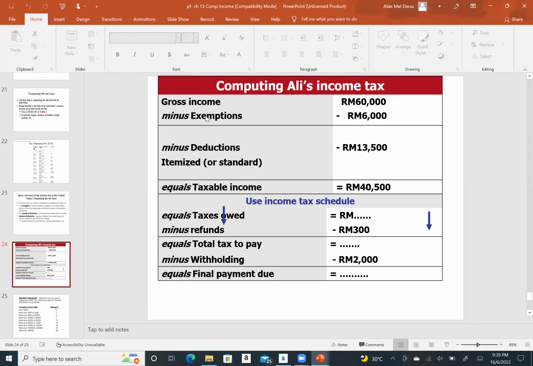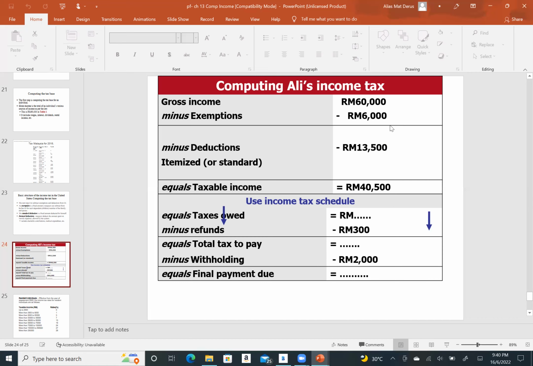So deduction, exemption, same thing. Deduction for education, deduction for medical expenses, according to the rule. Suppose you subtract another 13,500. So these are the deductions and exemptions.